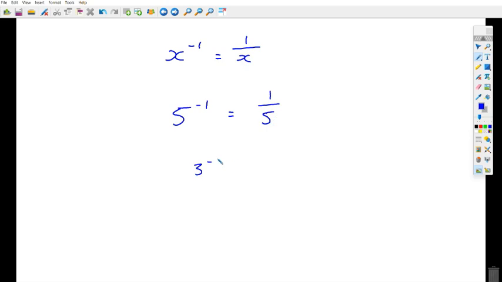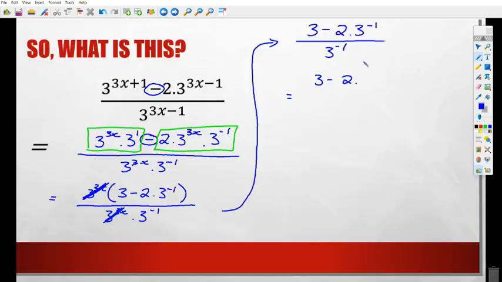So 3 to the negative 1 is 1 over 3. Going back here, 3 to the power of negative 1 is 1 over 3, so 2 multiplied by 1 over 3, all over 3 to the negative 1. I'll deal with him later.